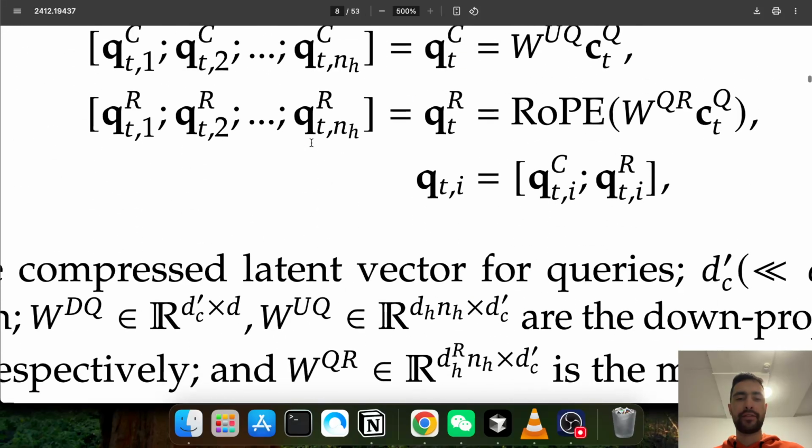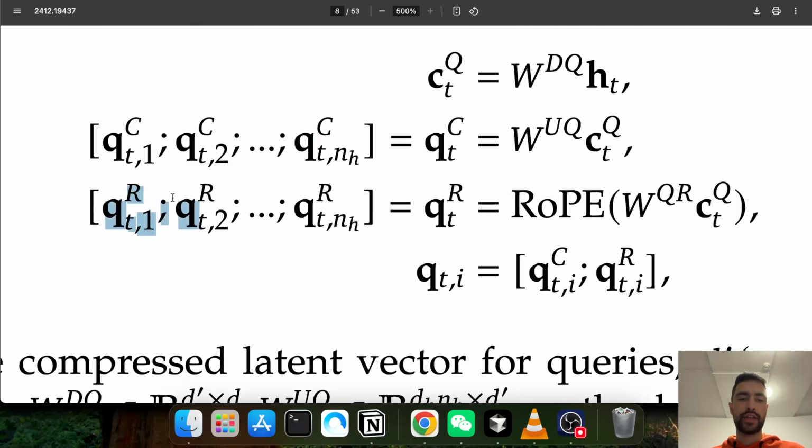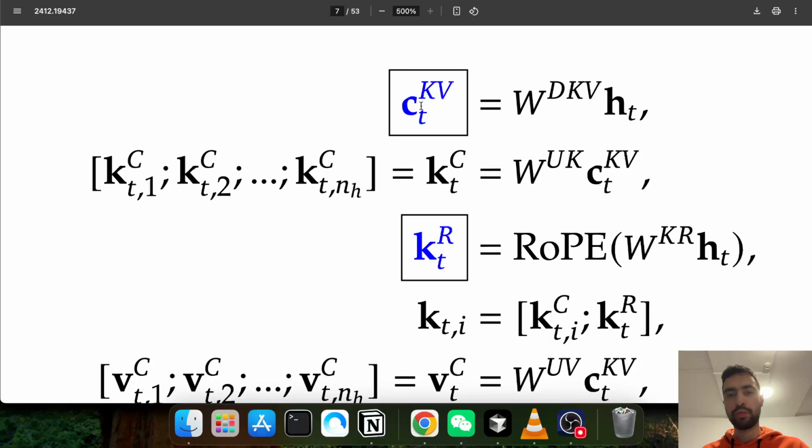But here each of the heads has its own positional head as well. And also only these two blue things are stored in memory: the latent that can create queries, keys and values, and the positional RoPE embedding for the key.